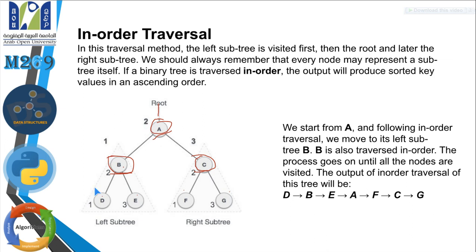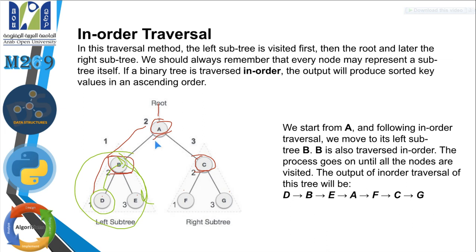Go to the left, left, so it's D. So D, this is left. Then root, B, and then E. Left, root, right. Okay, finished. I finished the whole left of the main tree.